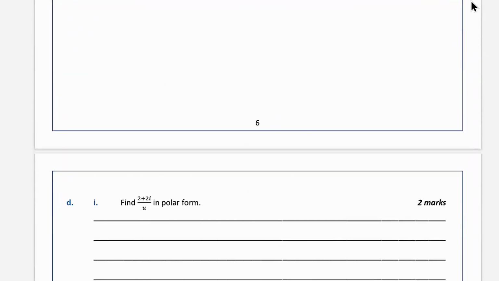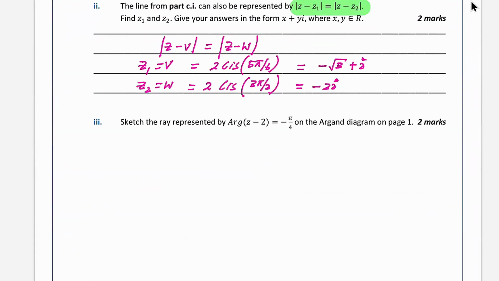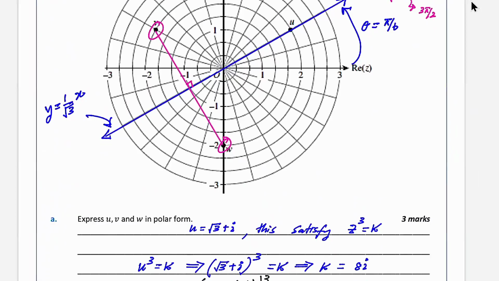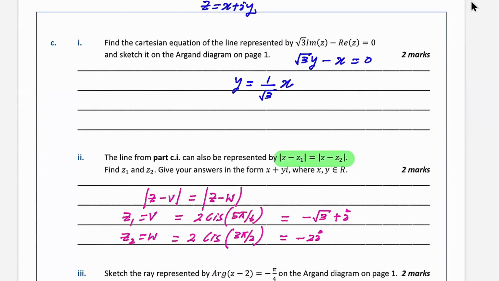Sketch. Oh, we have more. Sketch the ray, argument of z minus 2 equals minus pi divided by 4. Okay, let's do that. Is that right? What is the answer? What are they asking? Minus what?